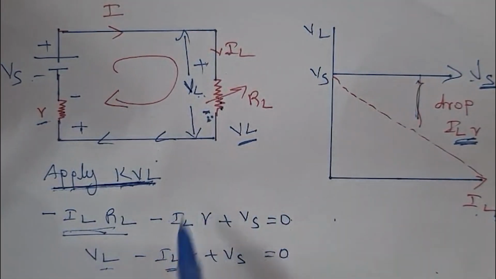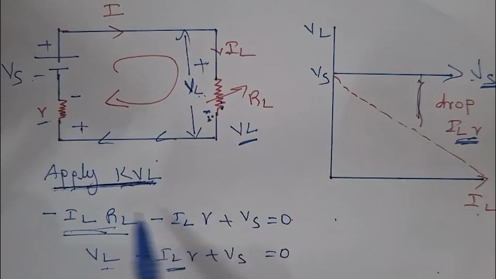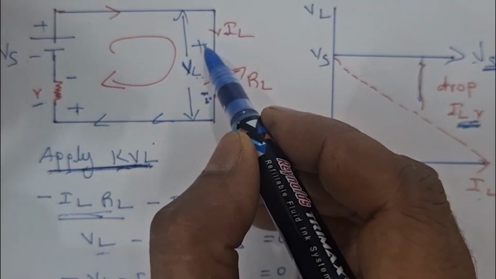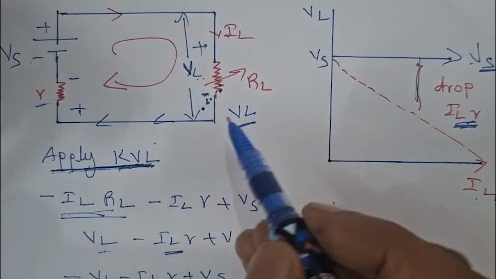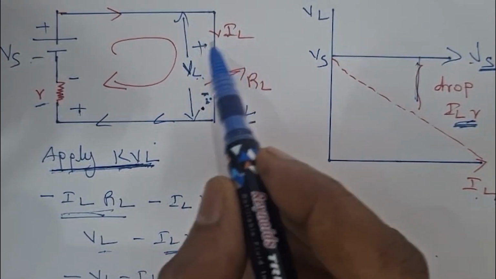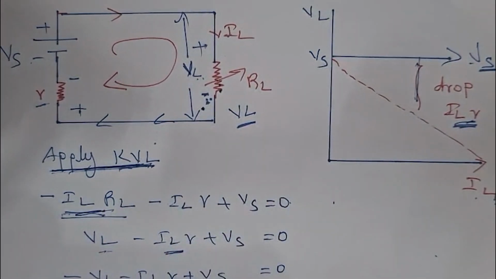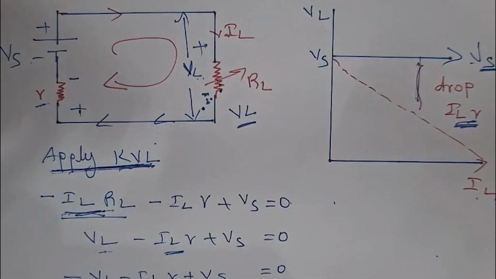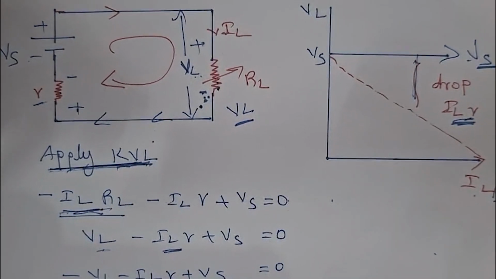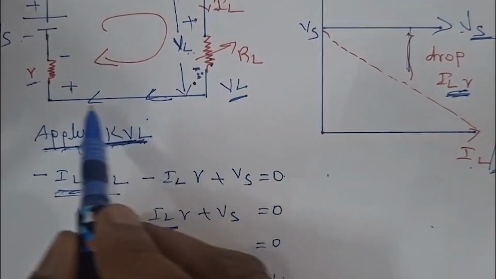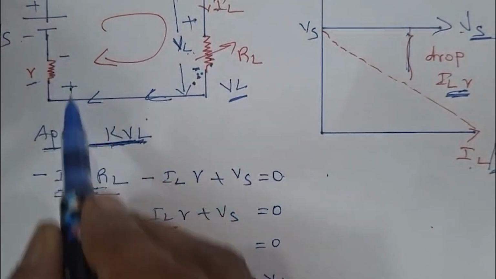That is Kirchhoff voltage law. Just apply this here. So here minus ILRL. When you are going from higher potential to lower potential, we should take the voltage drop as minus. I will tell you clearly why it is minus in the next class. For the time being, please remember. And this is again IL coming here, again higher potential to lower potential.